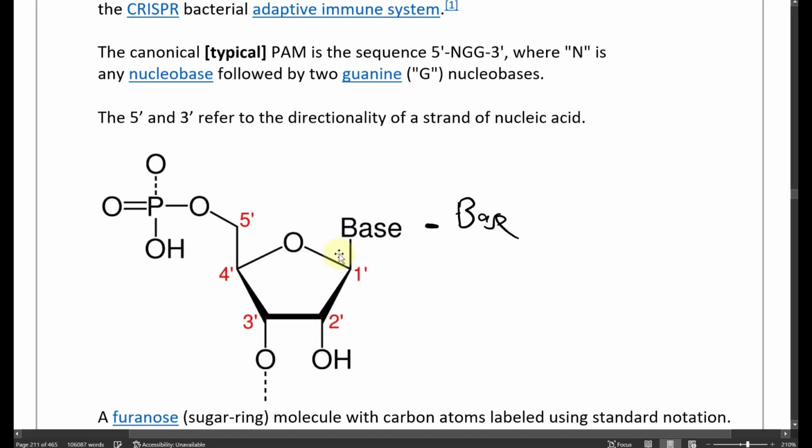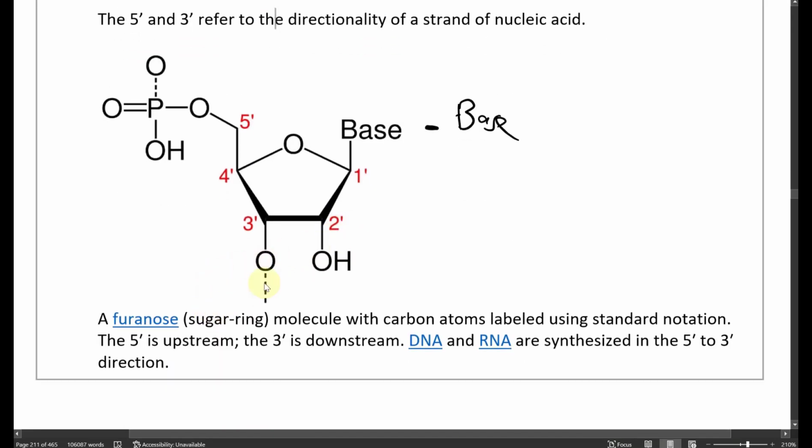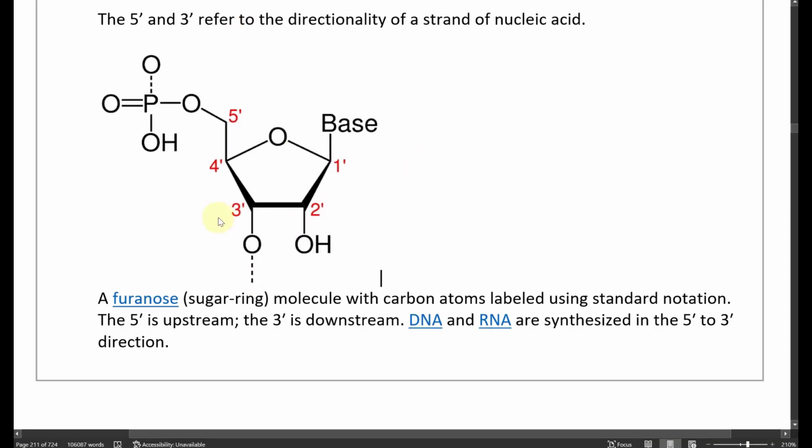All right, so that's what we have. This image right here is a furanose or sugar ring molecule with carbon atoms labeled using standard notation. The 5' is upstream and the 3' is downstream, and DNA and RNAs are synthesized in the 5' to 3' direction. So it's created from the 5' to 3'.